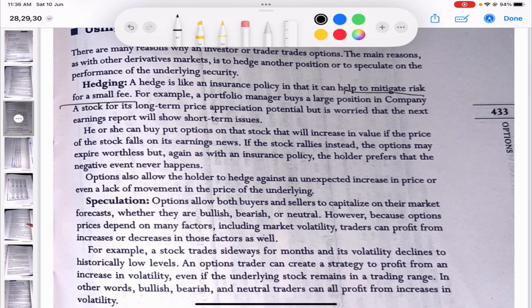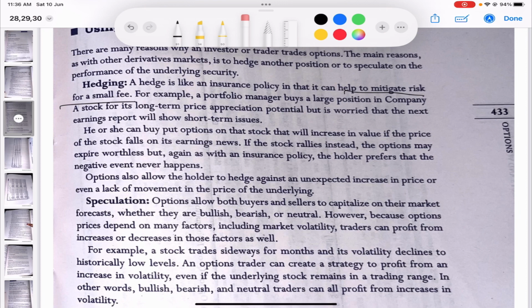For example, a portfolio manager buys a large position in a stock for its long-term price appreciation potential, but is worried that the next earnings report will show short-term issues. So in that case, he can buy put options on that stock that will increase in value if the price of the stock falls.